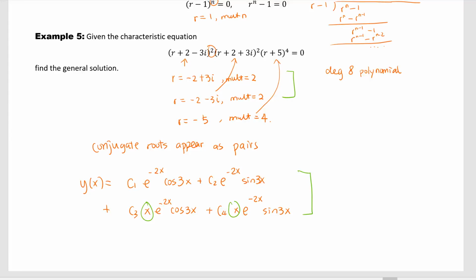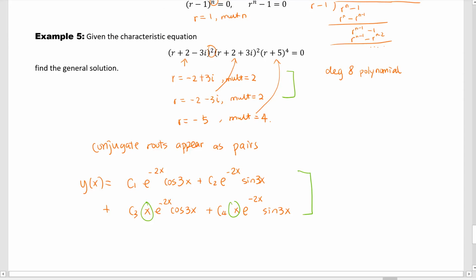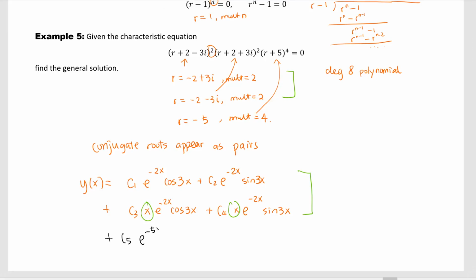So next, r equals negative 5 gives us c5 e to the minus 5x. This is one root. Then c6 x e to the minus 5x, and we should have 4 of them.